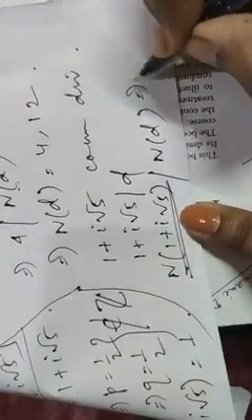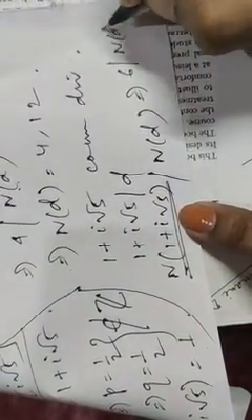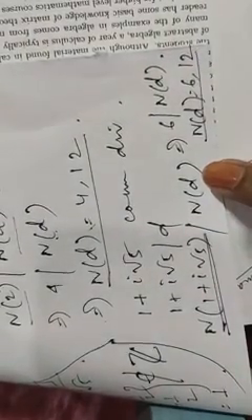So 6 divides ND. So what will be the value of ND? If we consider this range for ND, it can be 6, it can be 12. So ND can be 6, 12. Now combining these two, the only common value is 12. So the actual value of ND is equal to 12.